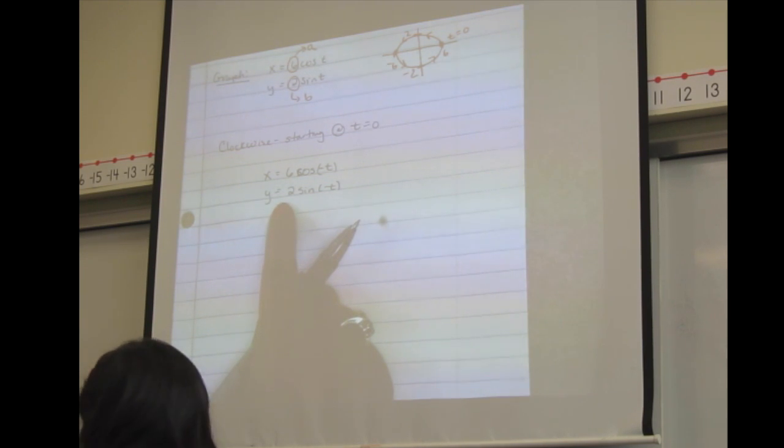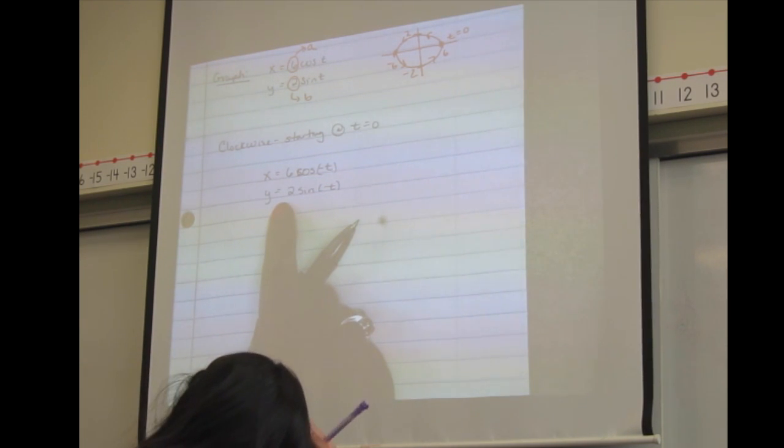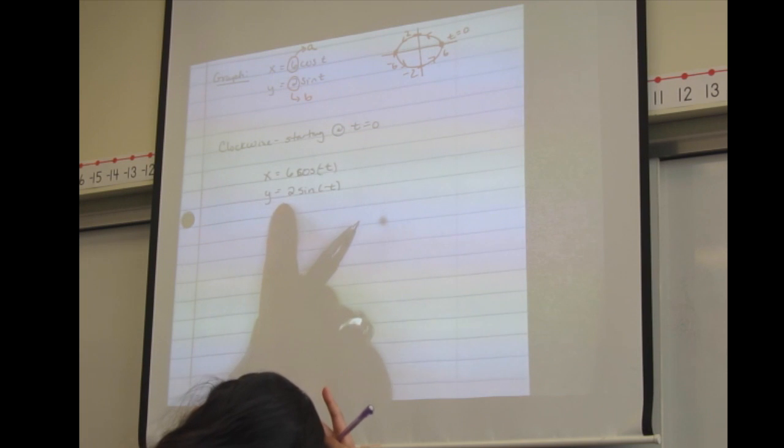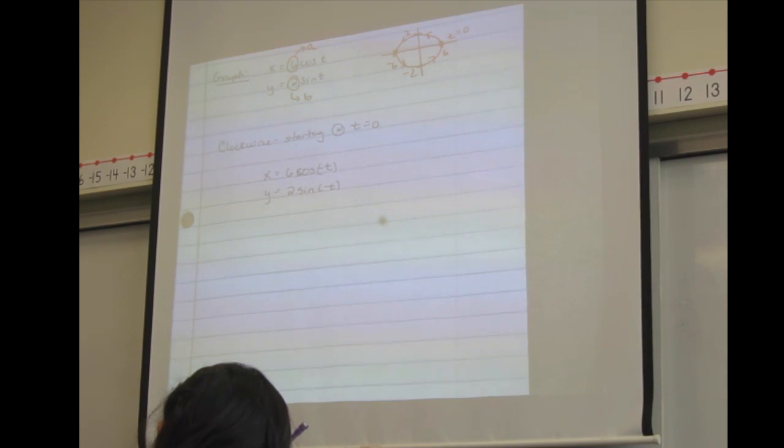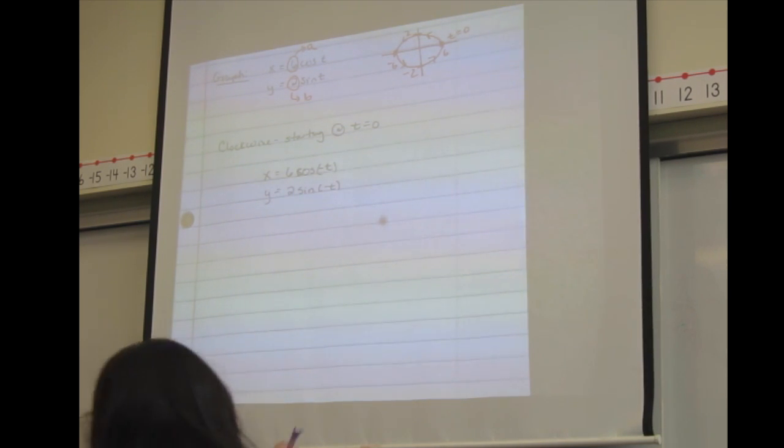The reason that is accurate is that sine of negative t is odd, so it equals negative sine t. Cosine is even, so cosine of negative t equals cosine t. So that's why this works, but this is easier to remember.